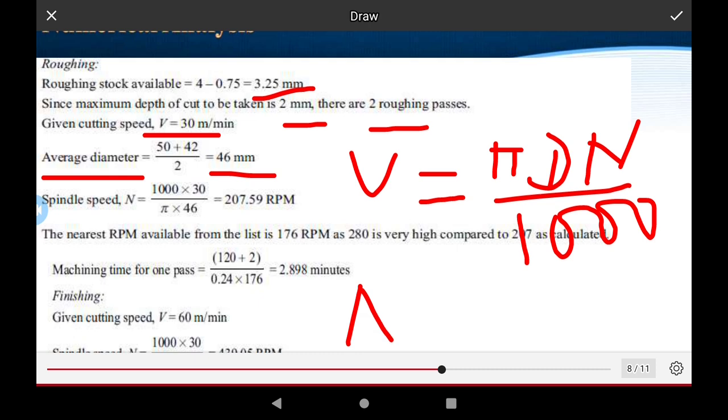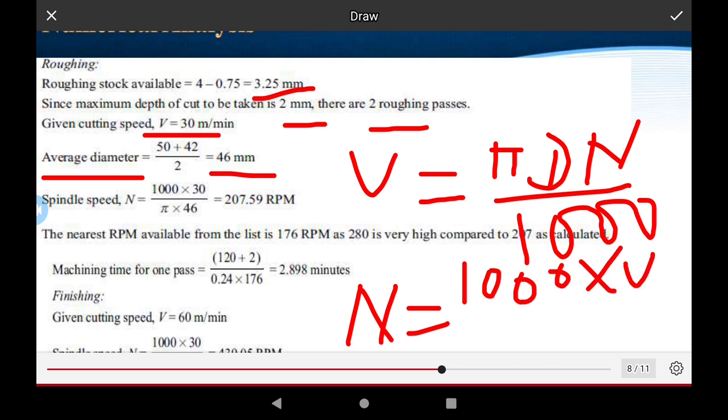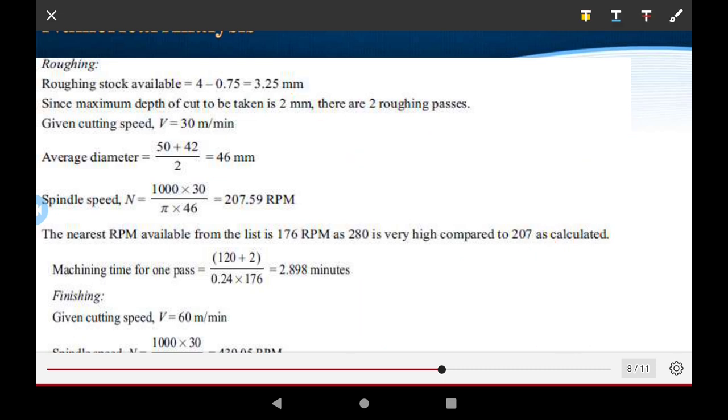N is equal to 1000 into v upon pi D. Find the value of the spindle speed, which is 207 rpm.